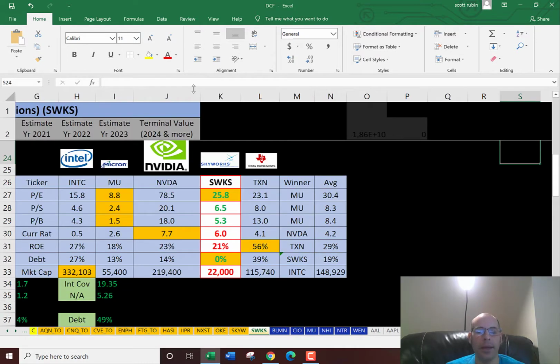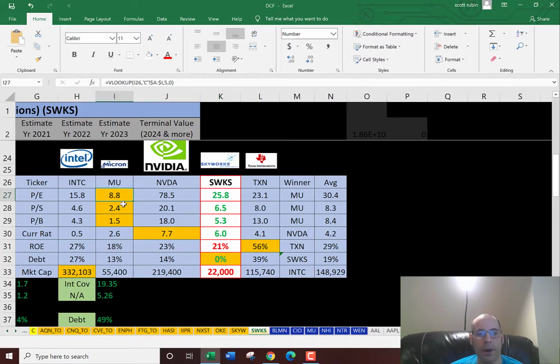The best way to look at a company's ratios is to compare them to similar companies. And I've done videos on Intel, Micron, Nvidia, and Texas Instruments. And right here is Skyworks. And if Skyworks has a number in green, that means they're better than the average. And if their number is in red, that means it's worse than the average.